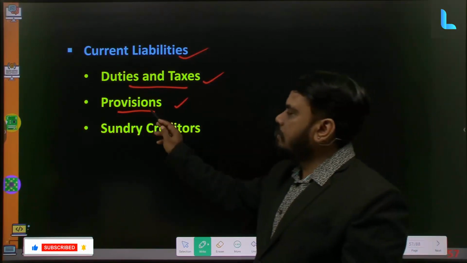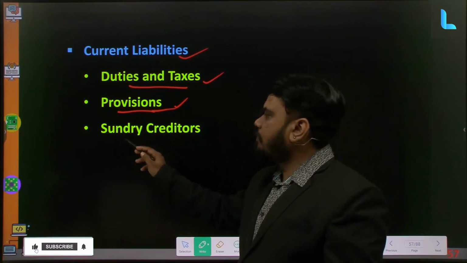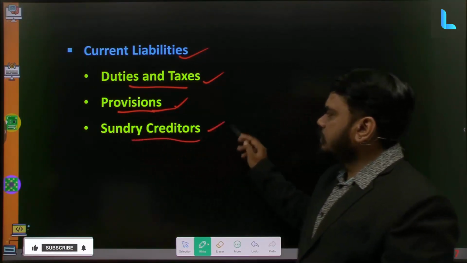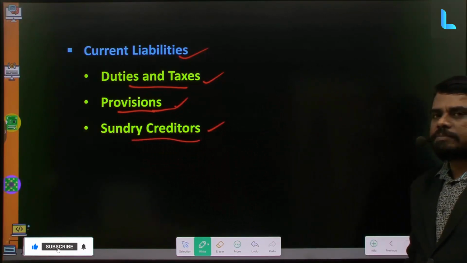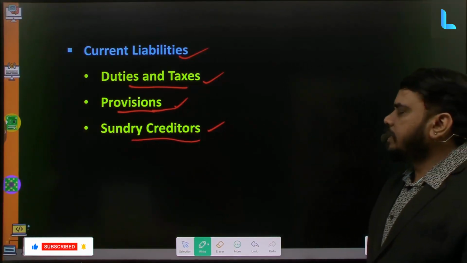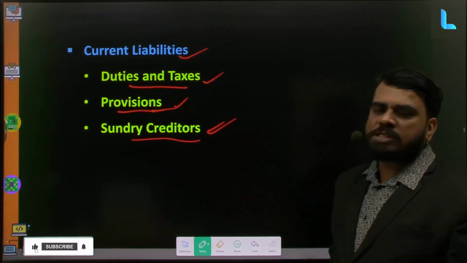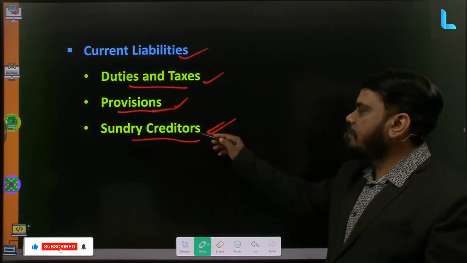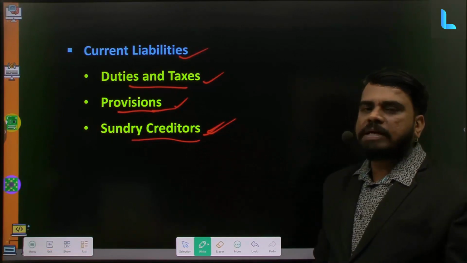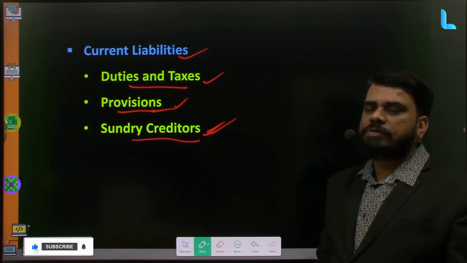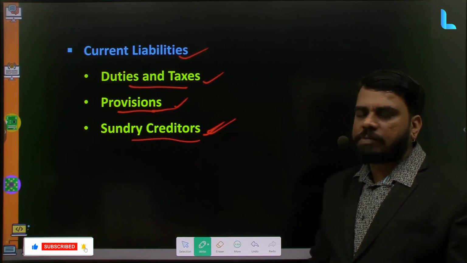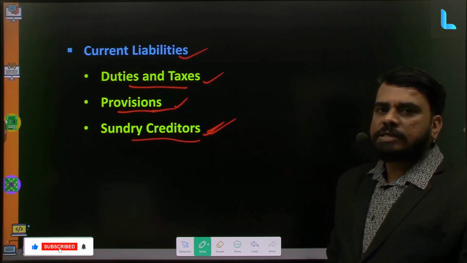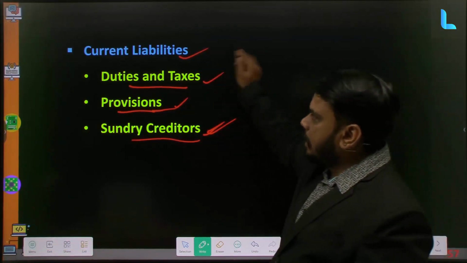Then sundry creditors are the suppliers who supply goods to us on credit basis, to whom we have to pay the money. We have to return it in a stipulated time period. That is why it is under current liabilities.